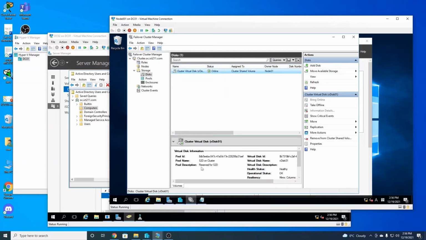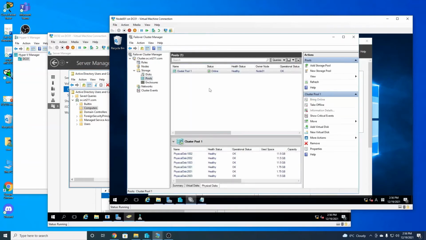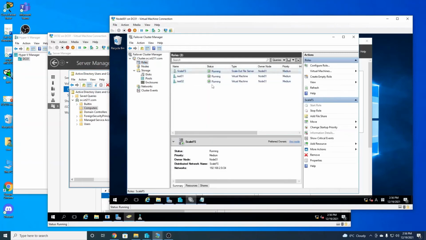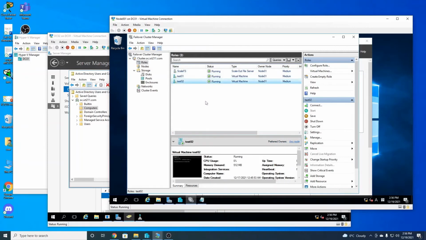So also I have the storage pool. This storage pool includes the 6 attached hard disks. Look at this. And also I have a role of a file server and 2 virtual disks. So these virtual machines are activated for failover cluster.